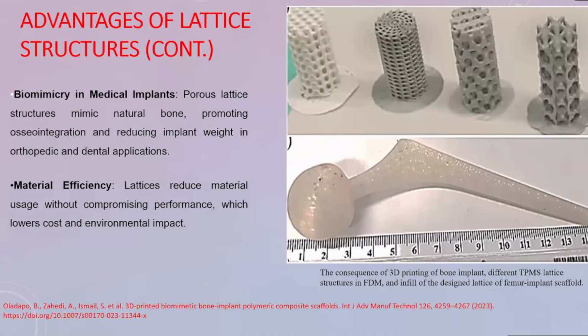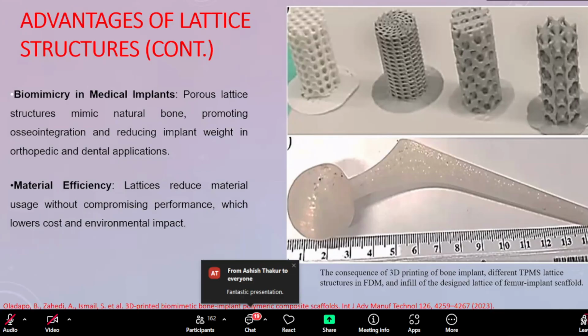If you are replacing bones with respect to a fractured bone or connecting bone joints, those things are called orthopedics. And dental is related to the face, like the jaw, and the oral maxillofacial structures, whatever structures are present inside our face, like bone structures. Those are related to dental. So for those applications, you can use this.